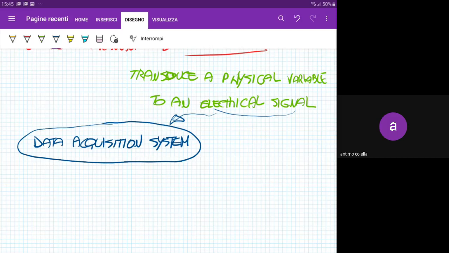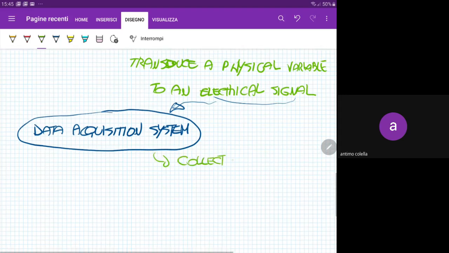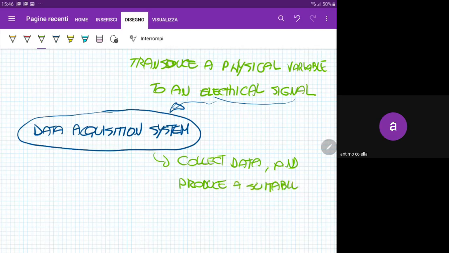What are these tasks? These tasks are, for example, to collect data and produce a suitable output, for example, for my analysis.